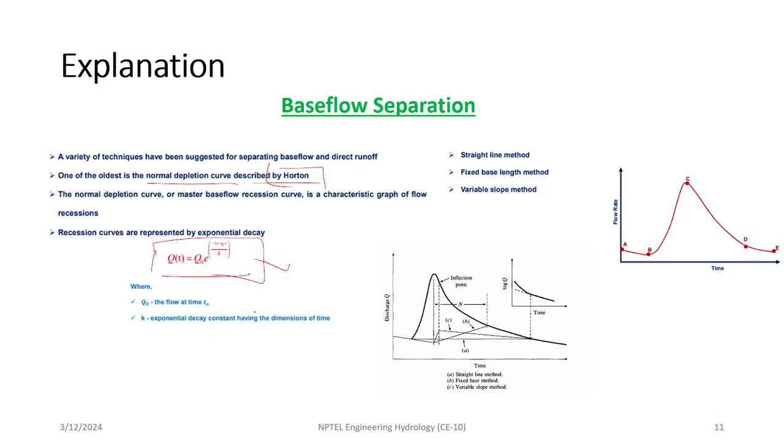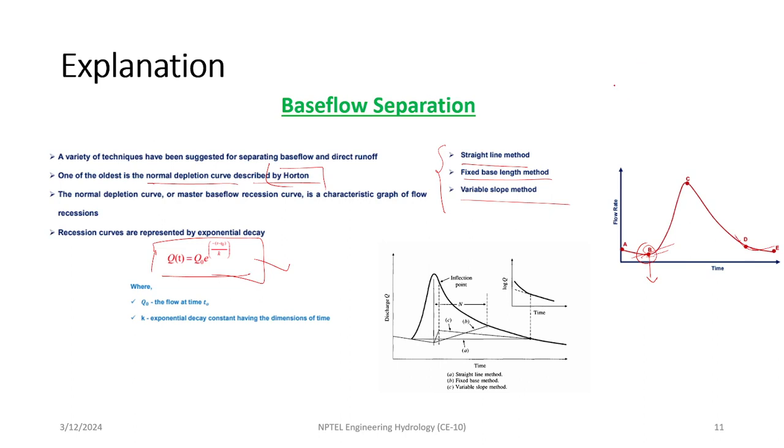Then three major techniques were mentioned, that is the straight line method, fixed base length method, and variable slope method. They all are based on drawing a tangential line at the point where the hydrograph is starting, and then where you are observing the change.